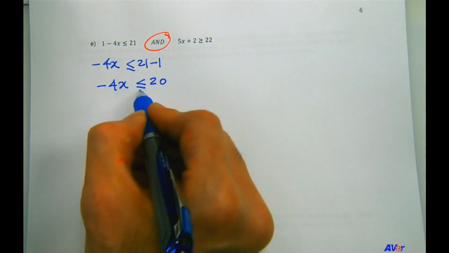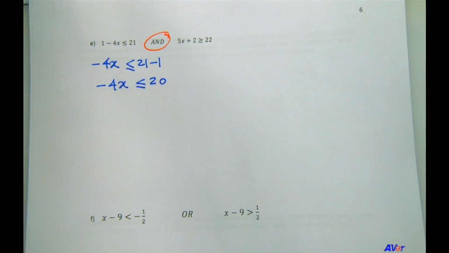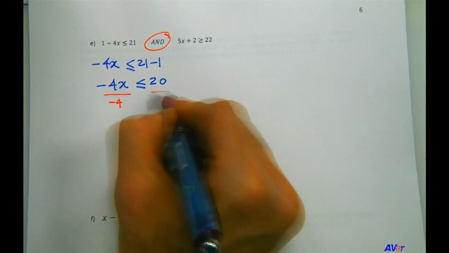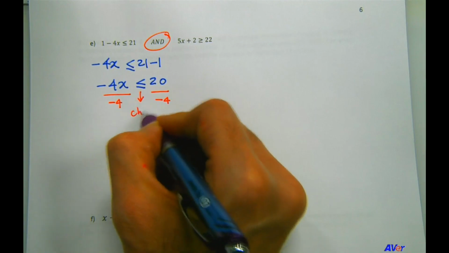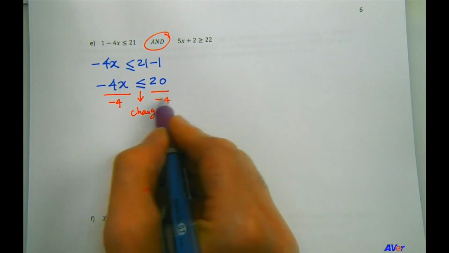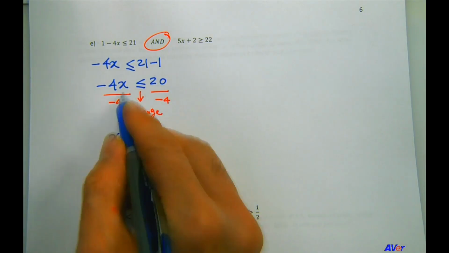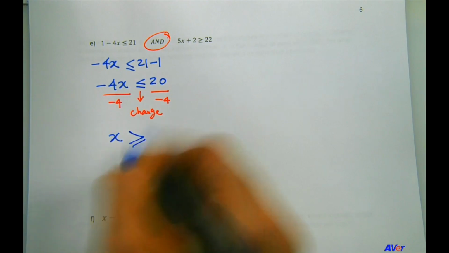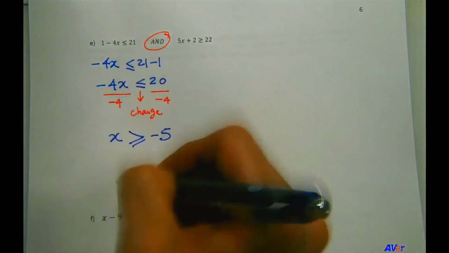We have to be very careful here because in order to solve for x, I have to divide by a negative number, which is negative 4. That means this will change direction. So we'll have x on the left, this becomes greater than or equal to, and on that side we have negative 5. Okay, so that's the solution for this side.